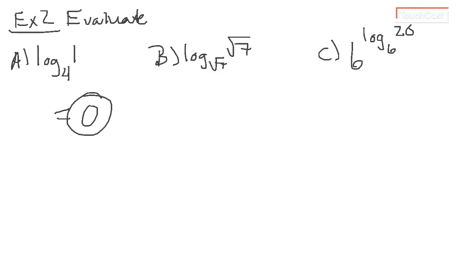With whatever our base is, our solution should always be 0. In B, this also looks like one of our properties. It looks like the second property, where the base and what we're looking at are the same. If that happens, where this part and this part are the same, our answer is going to always be 1.